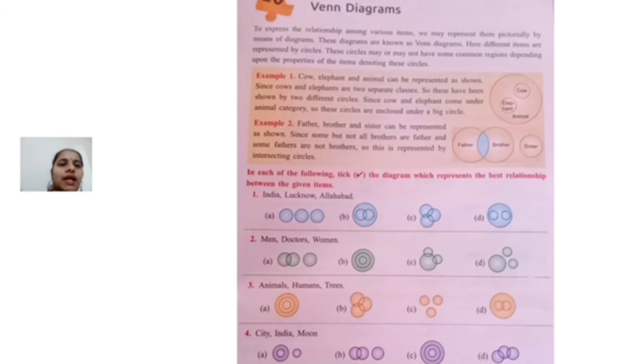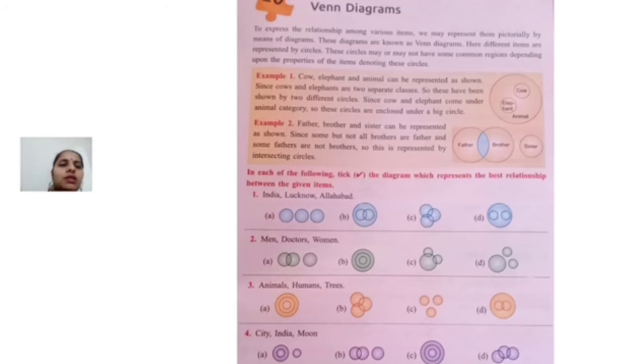Second one, men, doctors and women. So our A answer will not be correct, because men and women both can be doctors. But here in our first option, only two circles are intersecting. Okay. So our A answer is wrong.